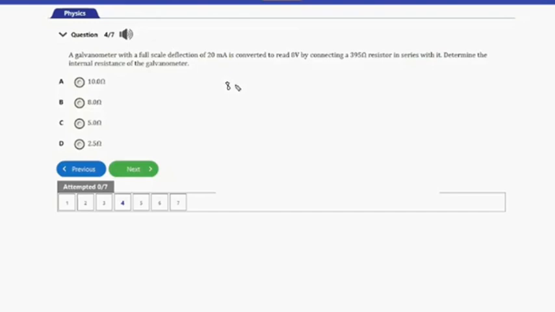So 8 volts is equal to I, which is the current, 20 milliamps, like 0.02 amps, times the resistance of the galvanometer, that's 0.02 Rg, then plus the current times the external resistance. So that would be 0.02 times 395.